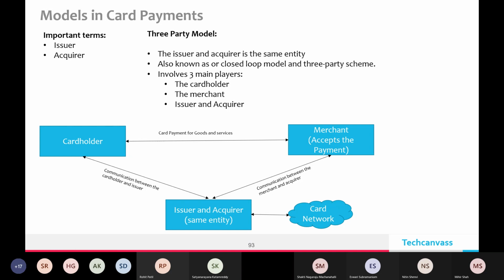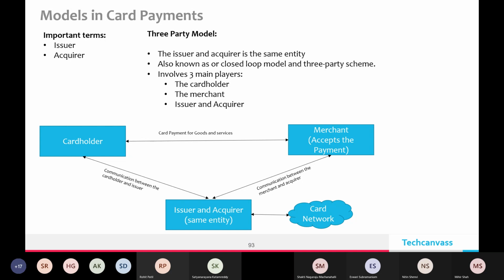So the bank has validated the card number, the expiry date, the PIN number and CVV number. All these validations have been done. They also validated whether the card has sufficient limit or not, and whether the transaction is genuine or not.